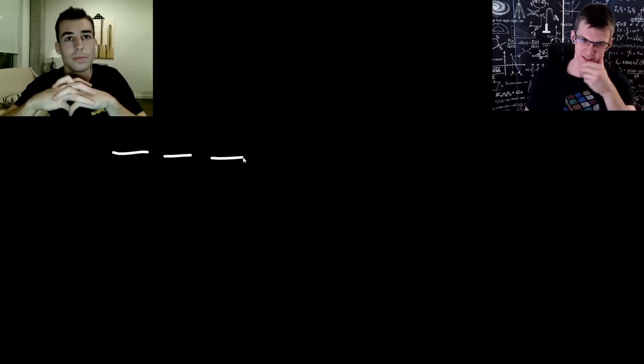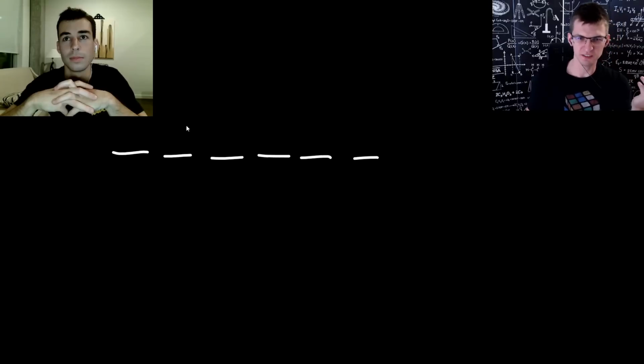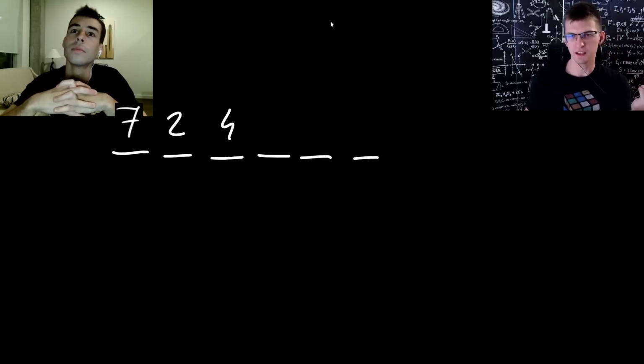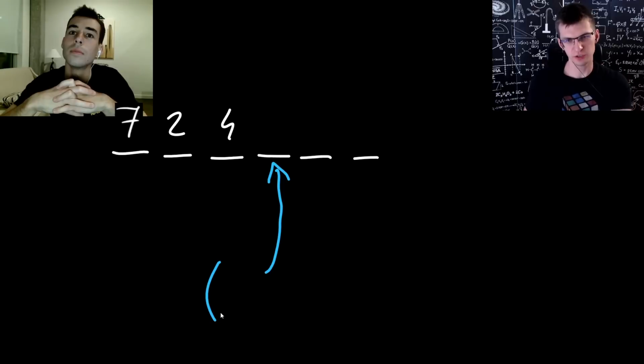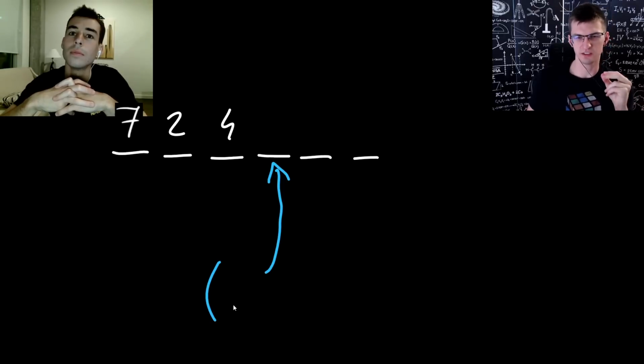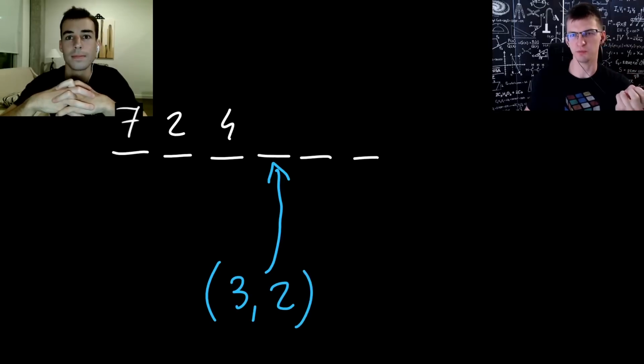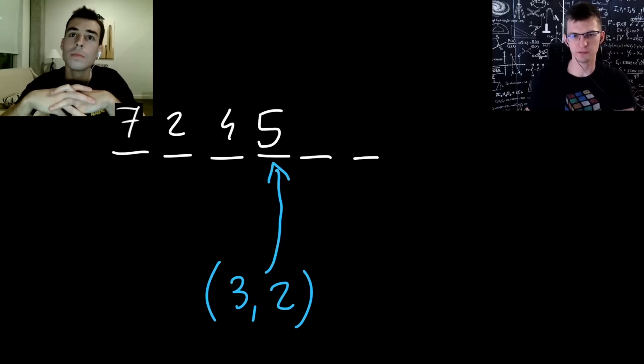If you have a sequence of numbers, 7, 2, 4, and so on, for every position you write down the longest increasing and decreasing subsequence ending here. Like here, maybe longest increasing would be 3 and decreasing would be 2, because this is number 5. There is 2, 4, 5, and there is 7, 5 decreasing.